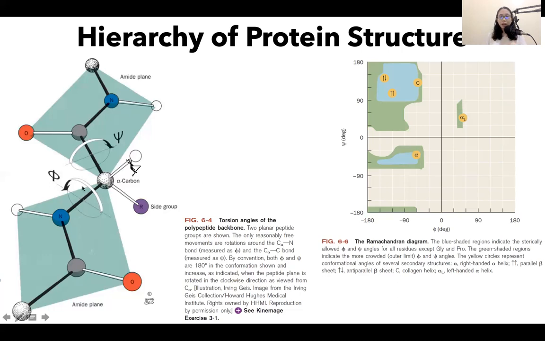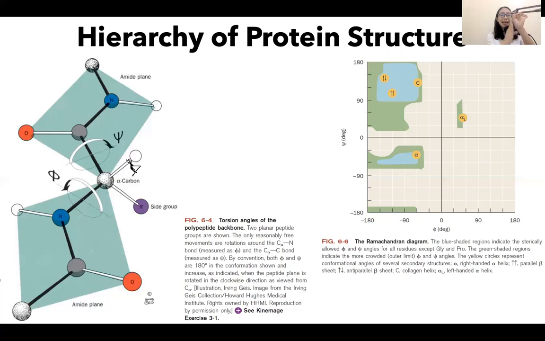Now again, if you are looking through the alpha carbon nitrogen bond and you see that the carbonyl carbon, the next alpha carbon, is twisted with respect to the alpha carbon nitrogen bond, let's say 90 degrees. So you see the difference.